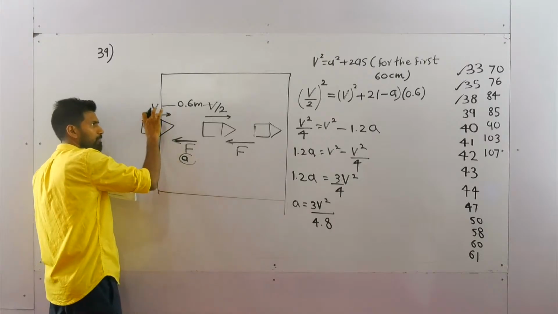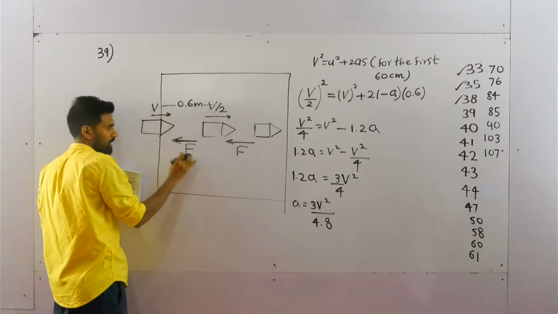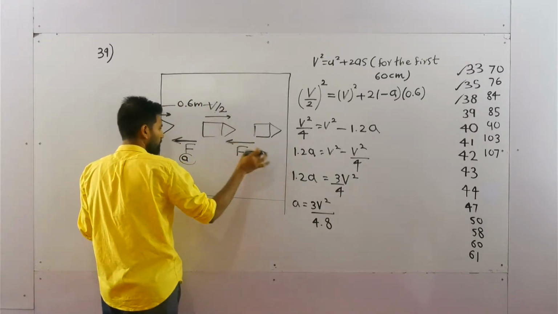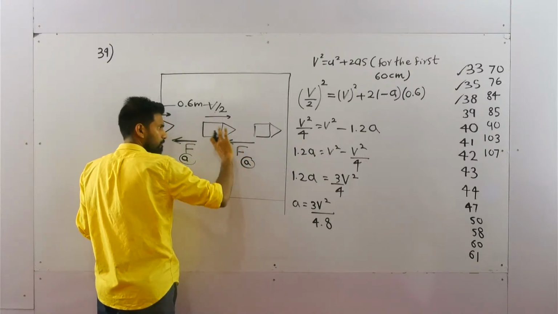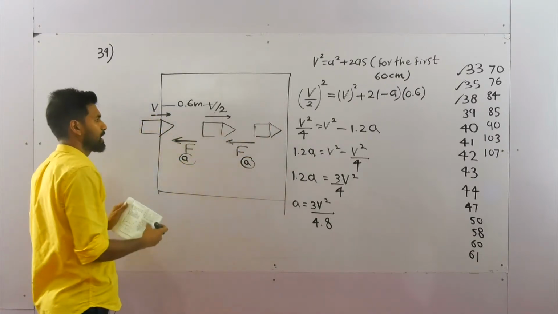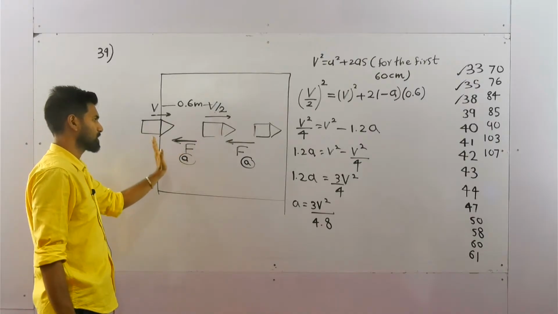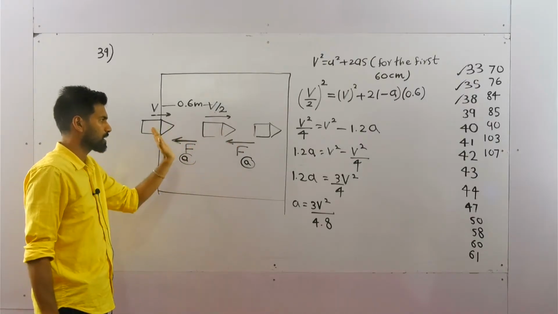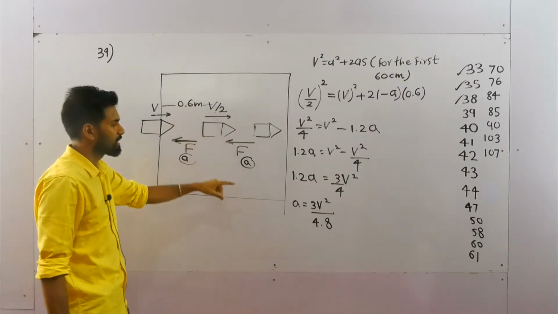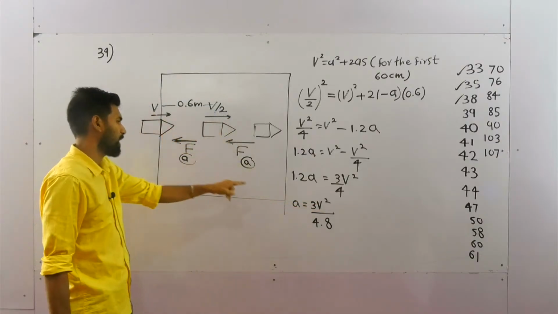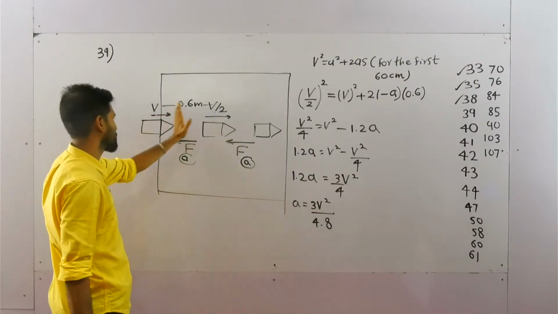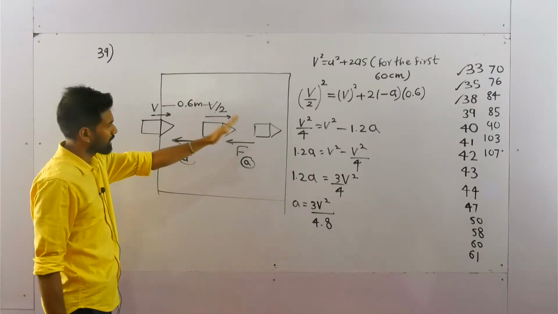From the initial 0.6 meters, I found this deceleration value, and I can apply it for the further movement also. The frictional force is the same throughout the motion, so the deceleration the bullet gets is the same value. I can apply it until it stops.